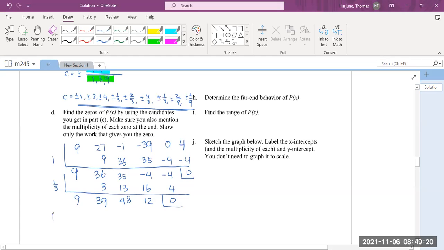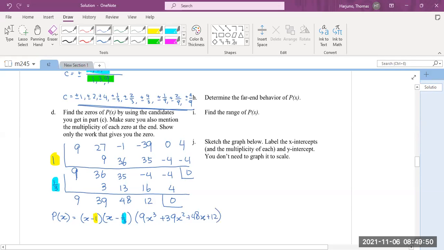So at this point, my polynomial P(x) is already equal to x minus 1, from the beginning, times x minus 1/3, from here, times 9x cubed plus 39x squared plus 48x plus 12.